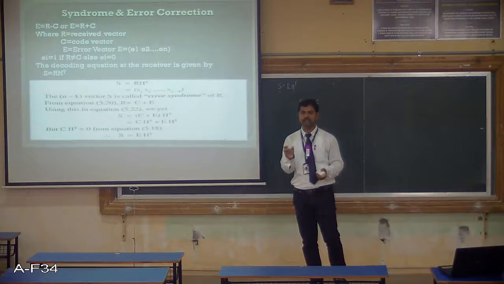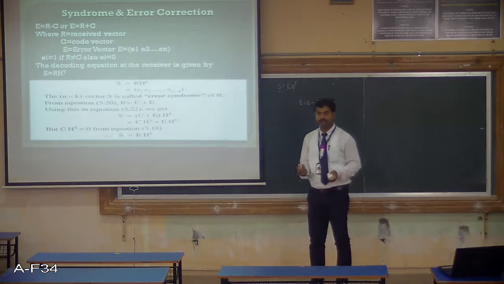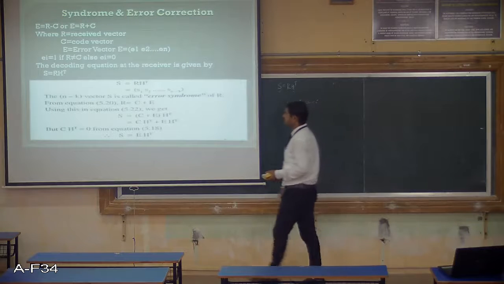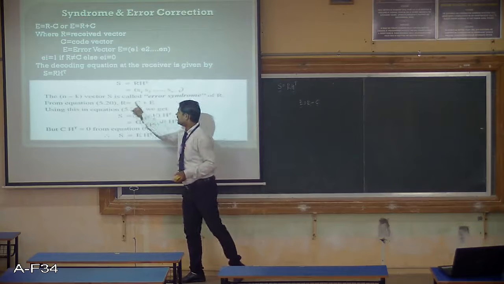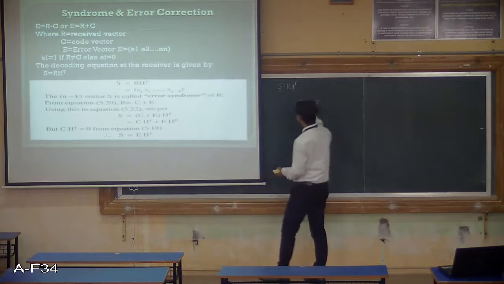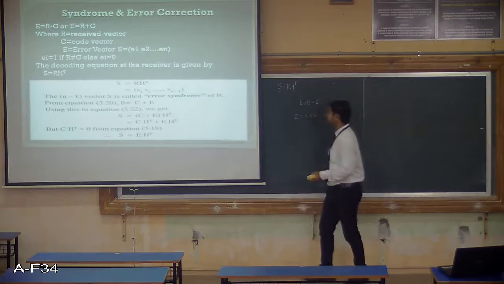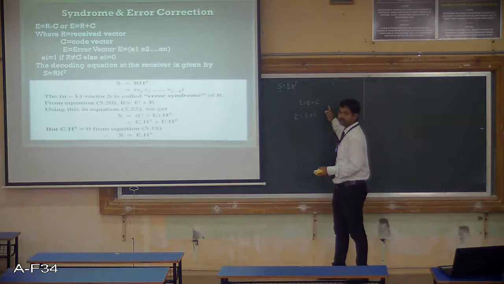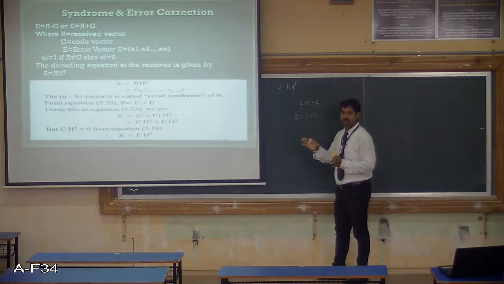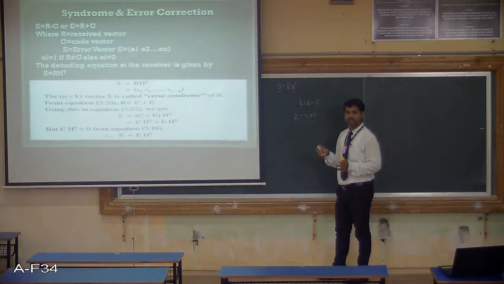If there is an error, how to correct it? Again, there is a simple calculation. We know that R is equal to C plus E. Plus and minus doesn't make any difference because it is a mod 2 logical addition.